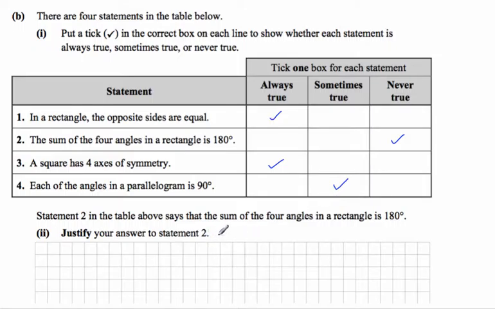Okay, then it says statement 2 in the table above says that the sum of the 4 angles in a rectangle is 180 degrees. Justify your answer to statement 2.